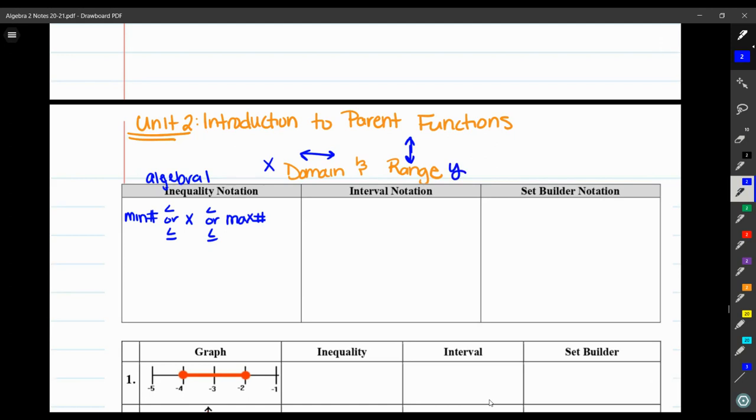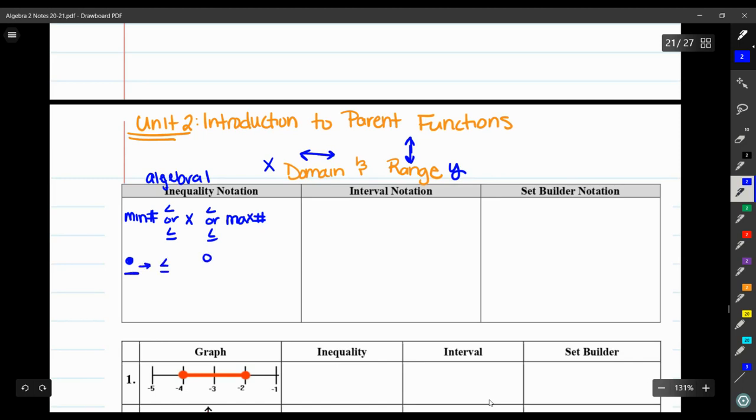Okay, so if you had a solid point on the graph, you used a less than or equal to. If you had a solid circle or a solid line, you used a less than or equal to.